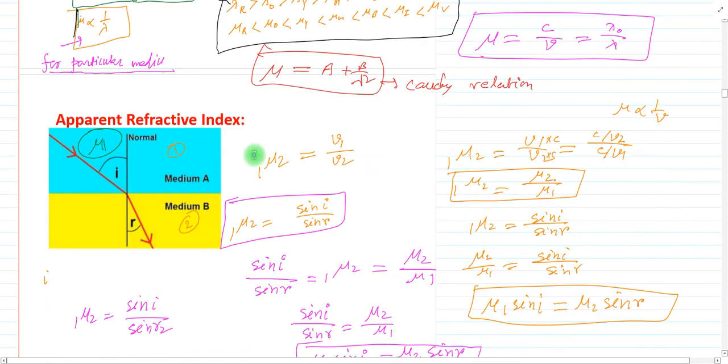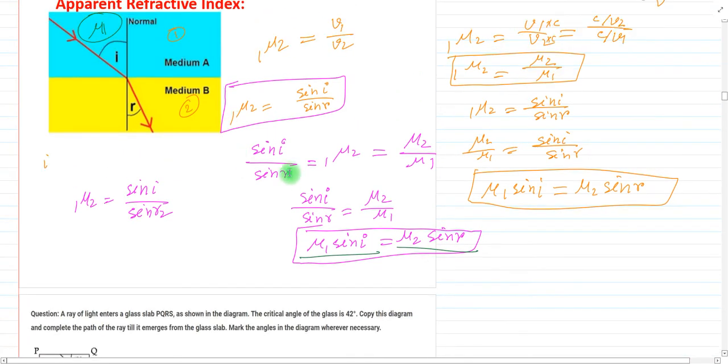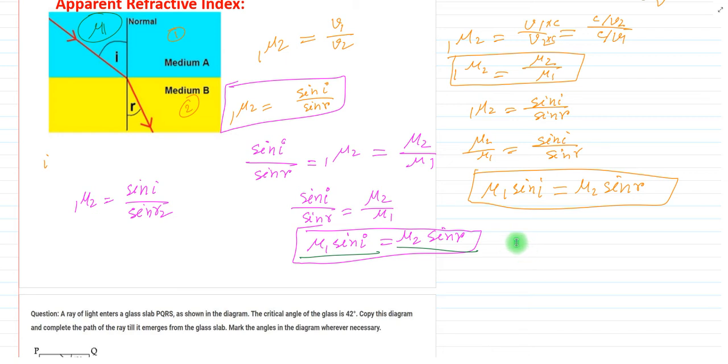And apparent refractive index means the refractive index of one medium with respect to another medium. I told you that for apparent refractive index, 1mu2, that is mu2 by mu1, equals sin i by sin r. So to make numerical problems easier to solve, we can use the relation mu1 sin i equals mu2 sin r.